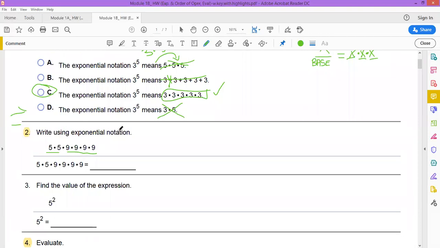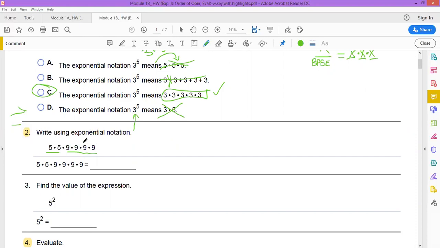Write using exponential notation. So we want to rewrite our term that's given in standard form. We have a bunch of numbers side by side. We want to put it in exponential notation, meaning we want to add the power, based on the number of times we multiply that base by itself. I underline the 2 sets of digits that we have in example 2. We have 5 times 5, we underline the 2 5s.